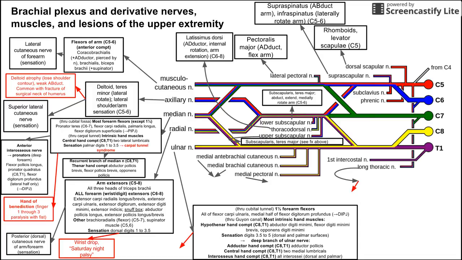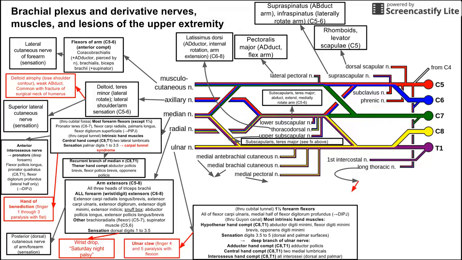These are the lumbricals associated with fingers 4 and 5, deep in the palm of your hand. And the deep branch of the ulnar nerve also goes into the interosseous hand compartment, and it innervates all of the muscles in the interosseous hand compartment called interossei. And this is both dorsal and palmar interossei, all innervated by the deep branch of the ulnar nerve.